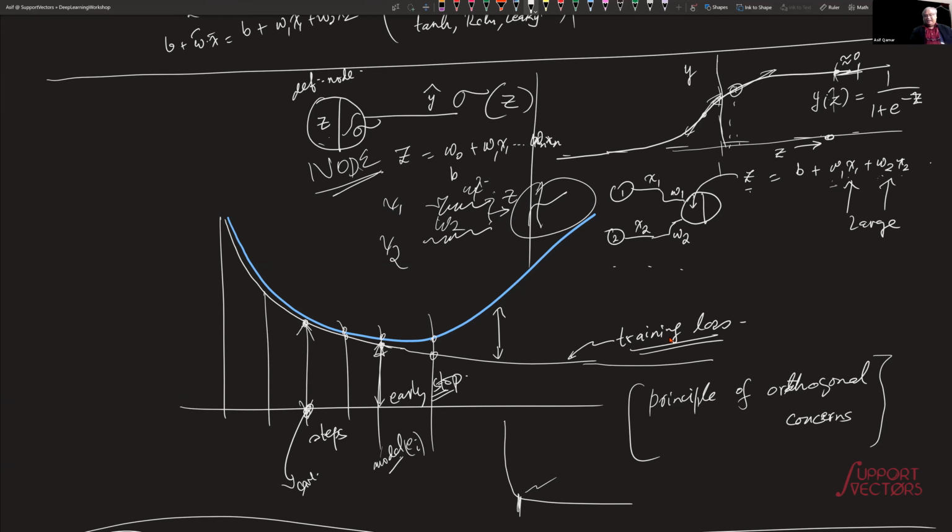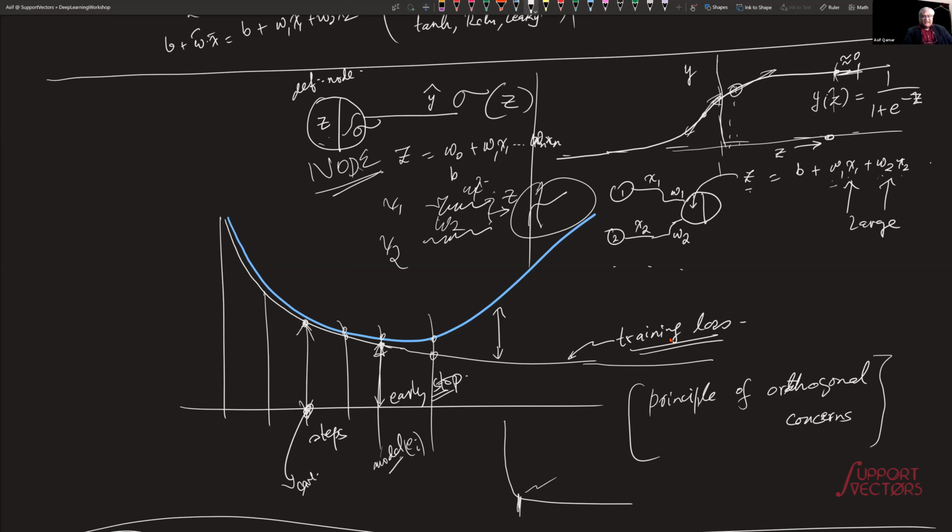Or more formally, you say that a node is first the linear combination of the inputs with the bias term, and all of it put together is an affine transformation, and then comes a distortion function or an activation function applied to that affine transformation, to that Z. You get that. So that's something to remember.